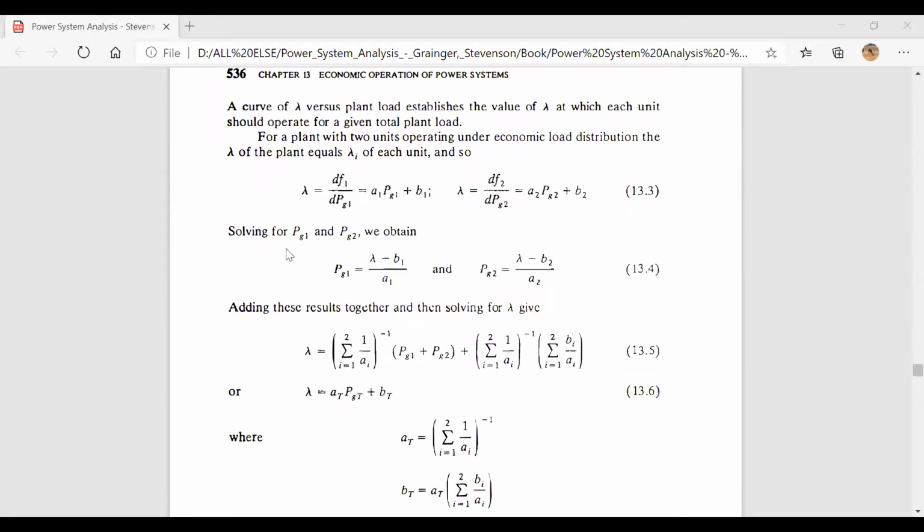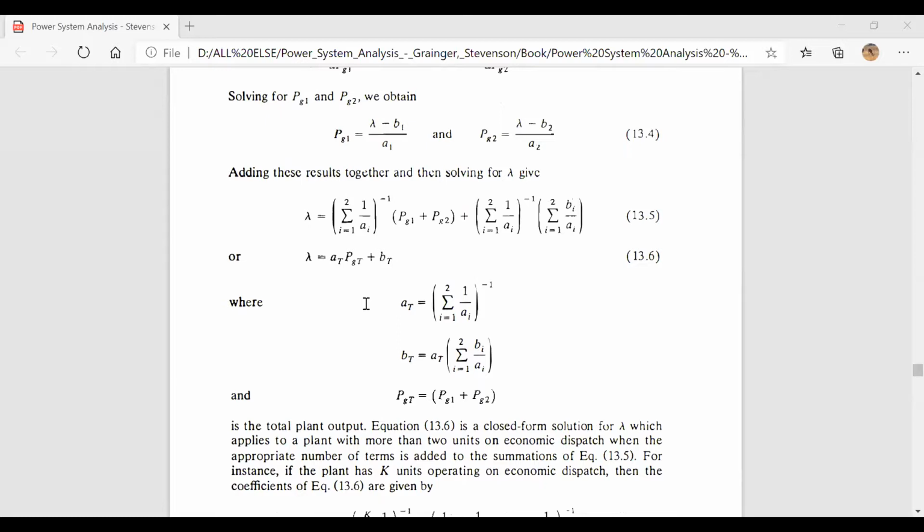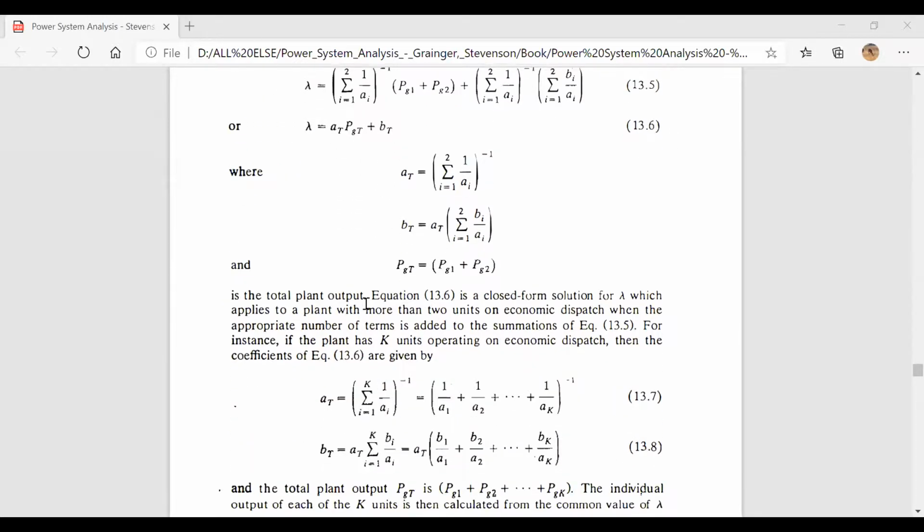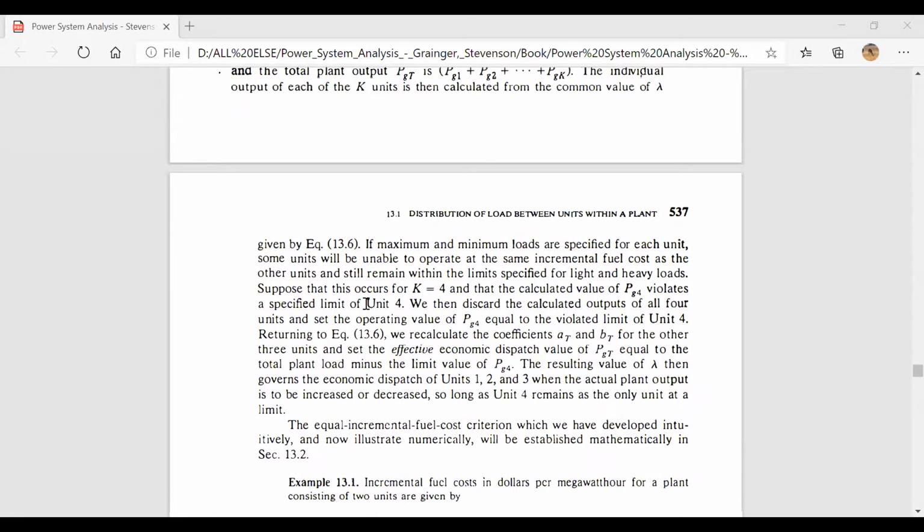So if we solve for Pg1 and Pg2, we get Pg1 is lambda minus b1 over a1, and Pg2 is lambda minus b2 over a2. Okay. Now let's look at an example. It's much easier.